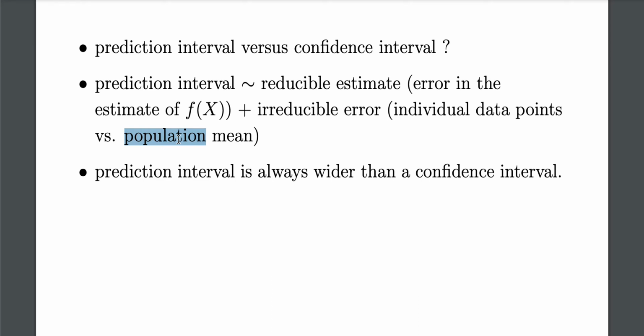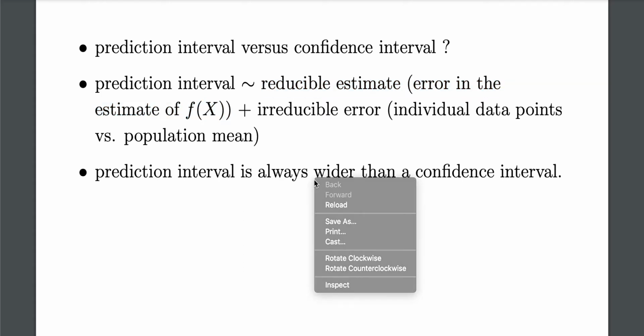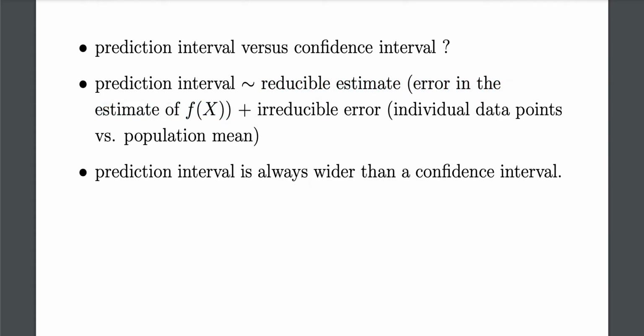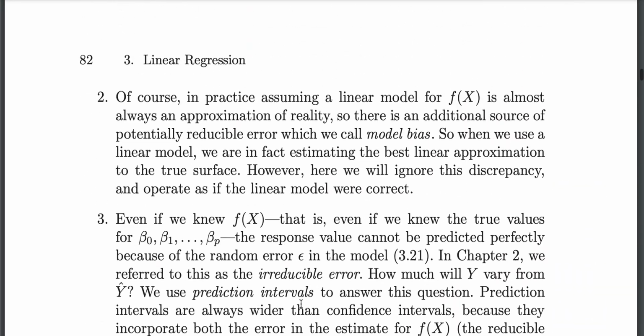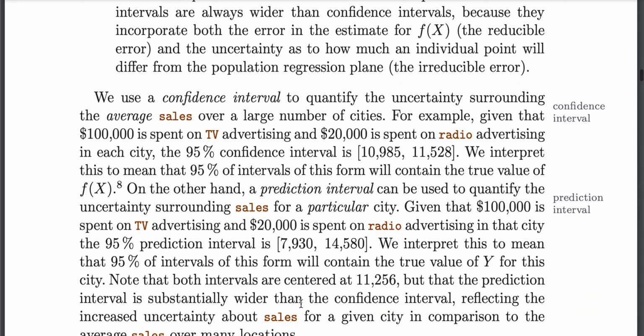It will tend to be close to the population mean, but will fluctuate around it. And that's where the irreducible error comes from. The prediction interval is always wider than the confidence interval. The confidence interval only includes the reducible error, the error that stems from the reducible aspect of the statistical learning problem. And if you want to read a little bit more, just go to page 82 of the ISLR book.